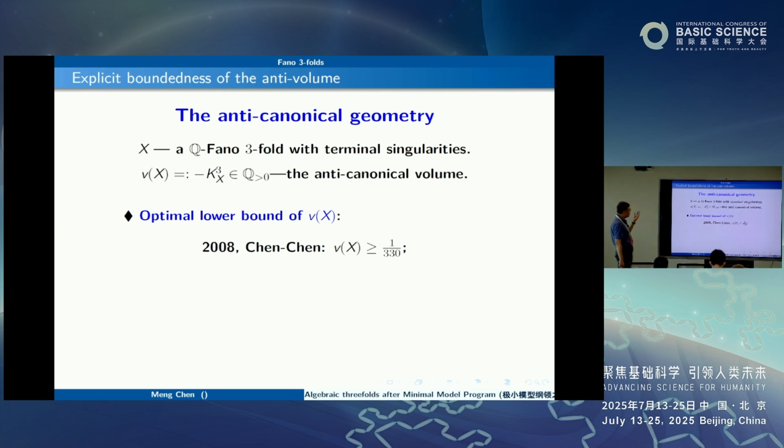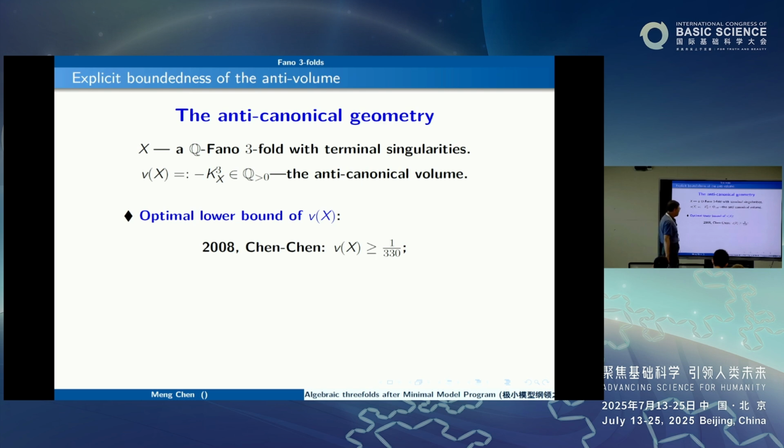Because all Q-Fano threefolds are bounded, it's natural to ask what is the exact lower bound or upper bound for this quantity.